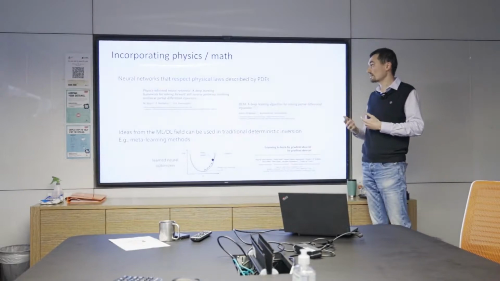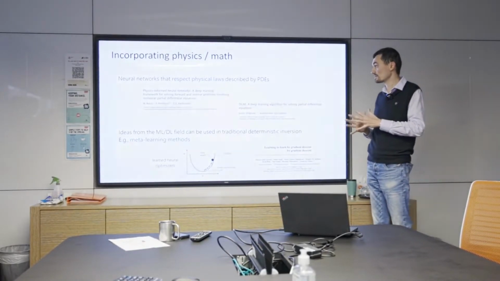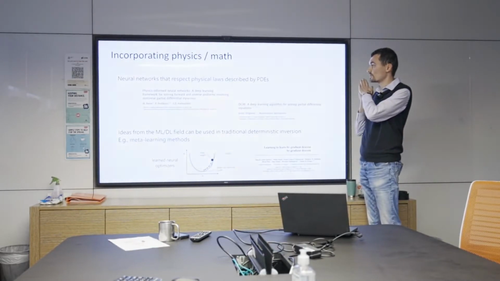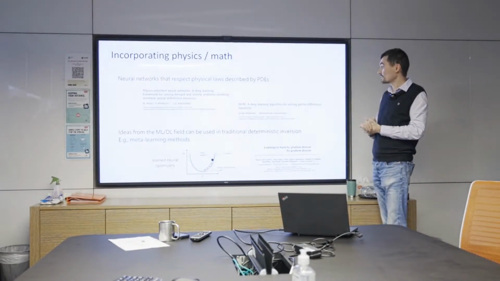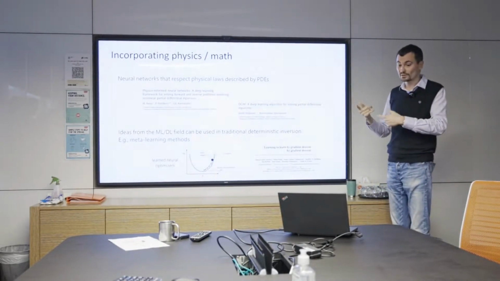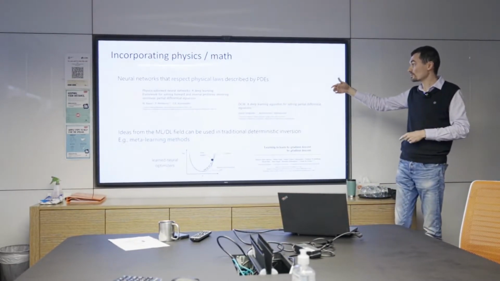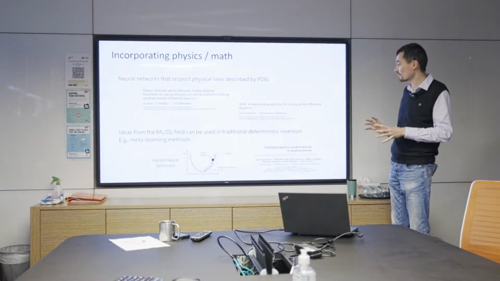It doesn't have to be data-driven at all. If you know many things about physics or math, it makes sense maybe to use one of these approaches. A similar approach, I know people use PINNs, physics-informed neural networks. Instead of using traditional linear combinations of basis functions like in finite elements, people use neural networks to combine physics, finite elements, and machine learning somehow.